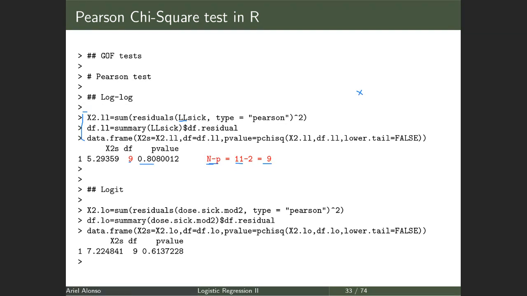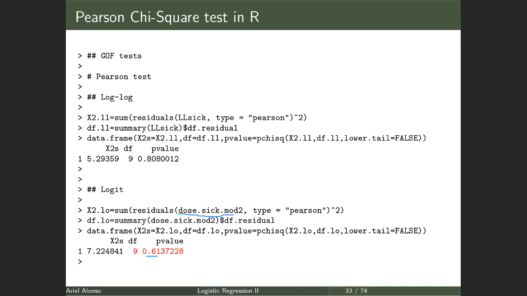Now, what if I use the logit link? Here I have again the test. And again, you see that if you use the logit link, that was the original model we fitted first, the p-value is again not significant. So both models seem to be okay. From the GOF, I don't get any evidence against the model.